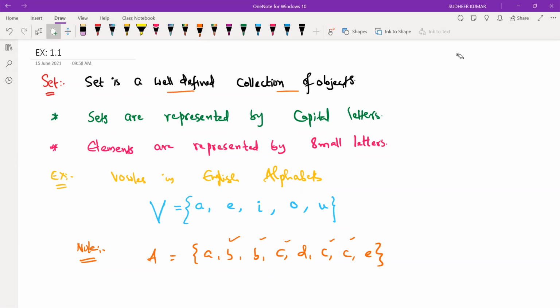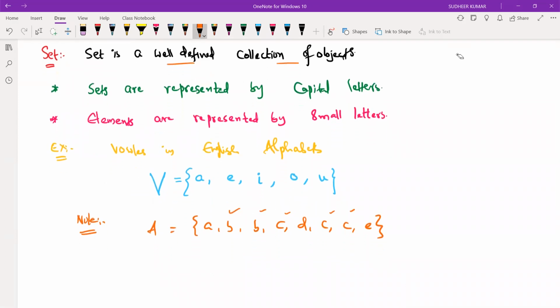Distinct elements only we will consider. So if the elements are repeated, we will represent them only one time. So this is A, B, C, D, E. This is the way we are going to write the set form.